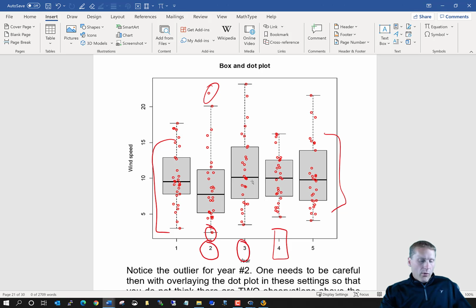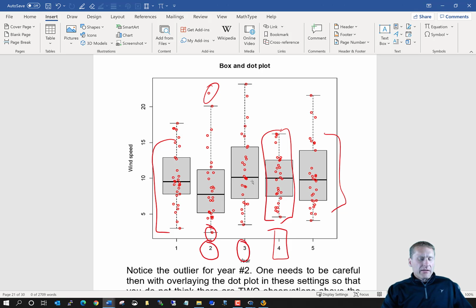Year number 4 had the smallest standard deviation with 3.4. And we can see why. Look at this. The points seem to be more tightly focused than in the other years, or not as dispersed, I should say. And so we looked at the numerical summaries, but these plots also give you the same kind of information as well.